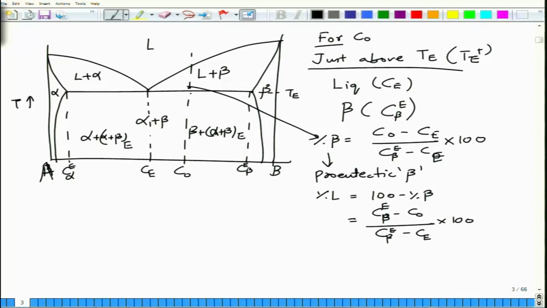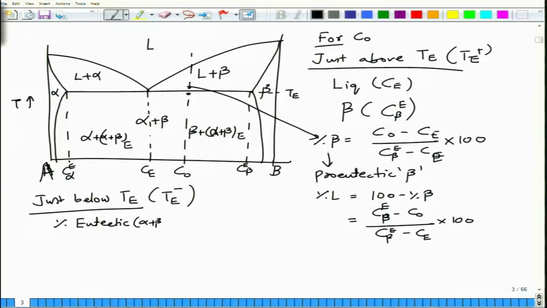When you go to a temperature just below TE, that is TE minus, then whatever liquid is left has converted into eutectic phase. So percentage eutectic, that is alpha plus beta mixture, will be the same as percentage liquid at TE plus.